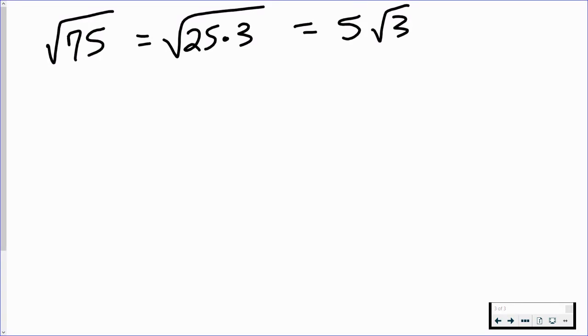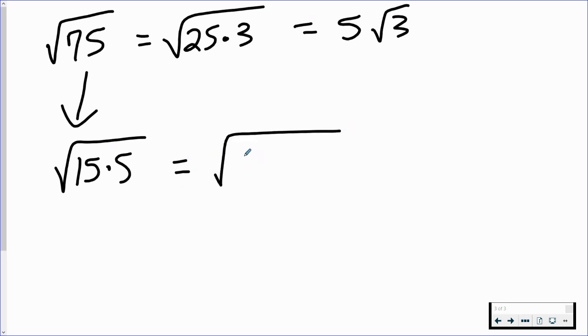Now, again, if you didn't see that, let's think about how else we might have looked at this one. Maybe you said, I know 75 is 15 times 5. Now we don't have any perfect squares there, do we? So you would have had to keep going. Well, 15 is 5 times 3, and notice we still have a times 5 here.